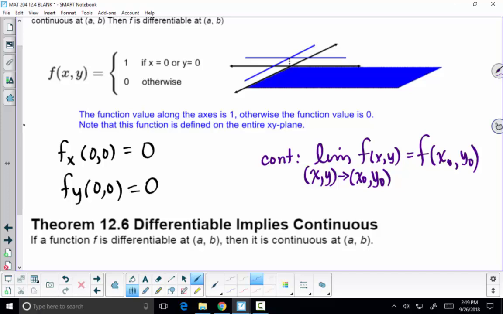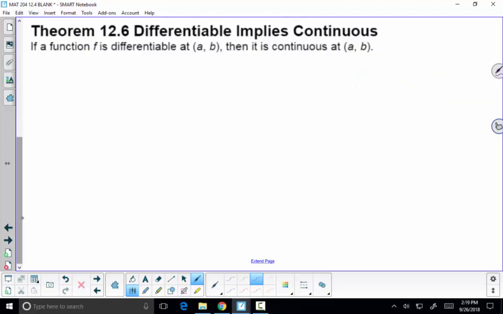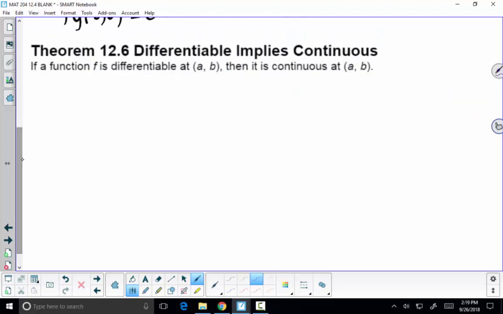But the thing in your mind should be, if it's differentiable, it's continuous. The most important thing right now: if it's differentiable, that means there's a unique tangent line. The image in your mind: you've got your curve, and you're rotating your secant line.